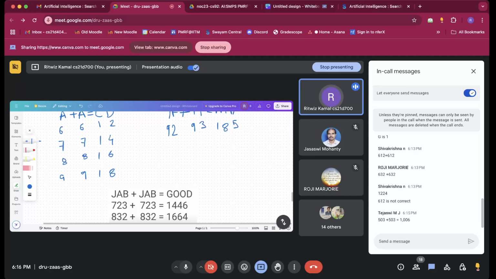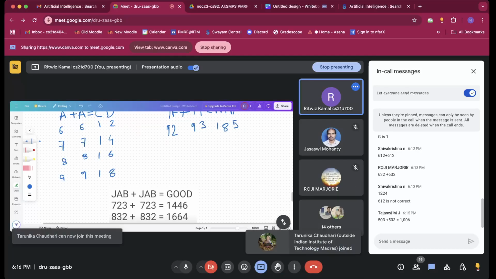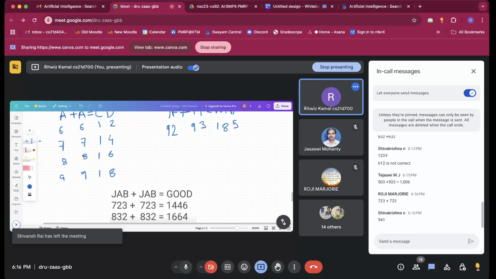Does these two give any hint of some number starting with 900 to be assigned to JAB? Yeah, that's right, Roji. 723 plus 723 is a possible solution.